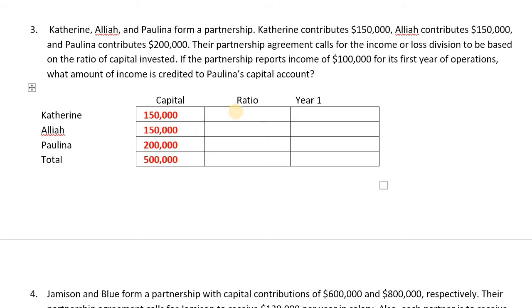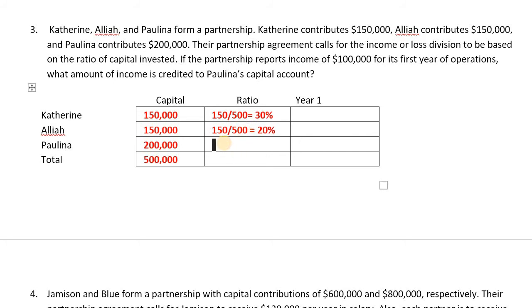Well, what percentage did each have? Catherine had 150 divided by 500, otherwise known as 30%. Aaliyah had the same thing, 150 divided by 500, or 30%.